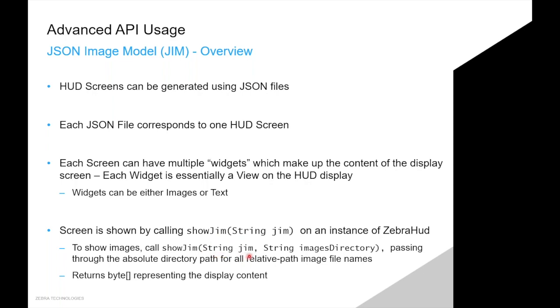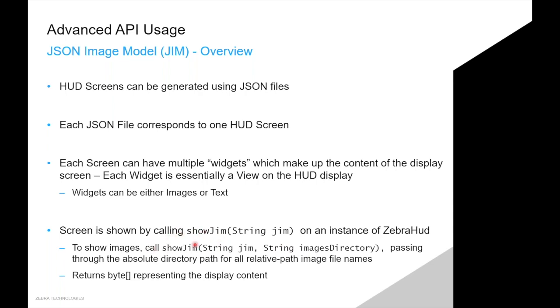Instead of just passing the string representation of the JSON, you need to also pass through the base images directory where all of your images are stored. You'll see in a moment in the JSON file, we use a relative file path to point to images, and then we would provide the absolute path in the method.